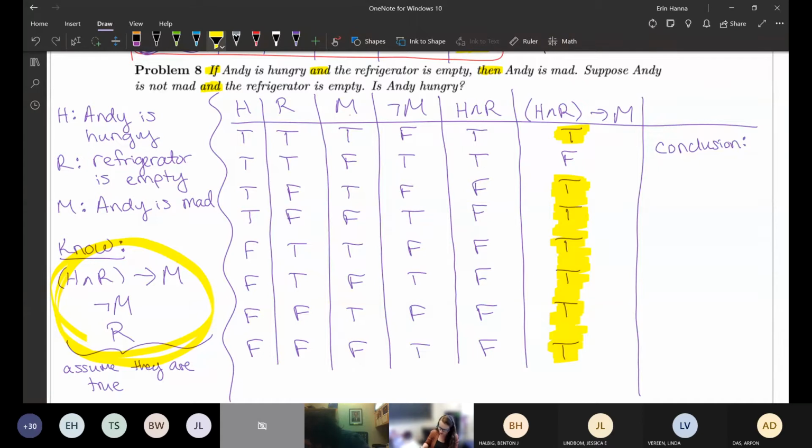All right, so we found all the trues in the implied case. Now we're going to look at the not M column, and we're going to find all the trues. True, true, true. And then I'm going to go to the regular R column. Well, there's only one R column, and find all the trues.